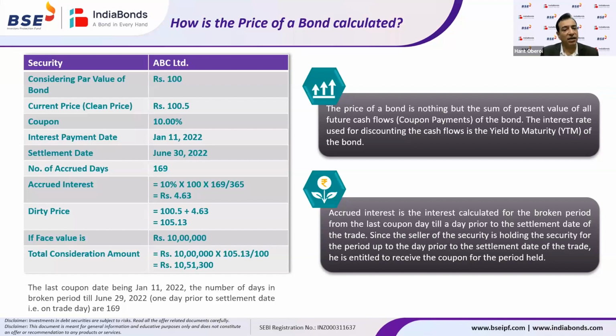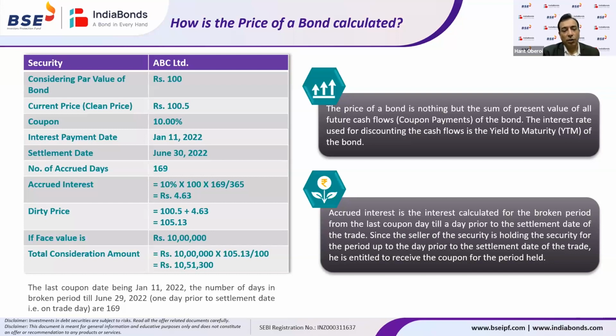But A was the one who was holding the bond for the first 6 months. So technically, A is the rightful owner of that interest component for the first 6 months. In our case, the example is for 169 days. So how will you calculate the interest component?